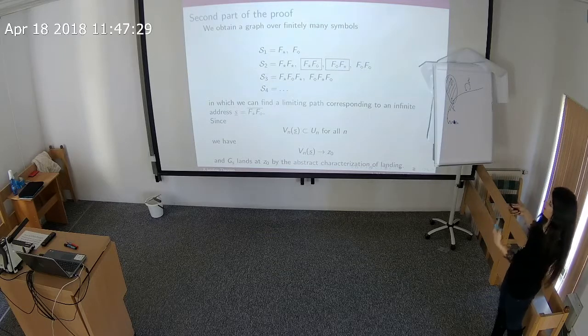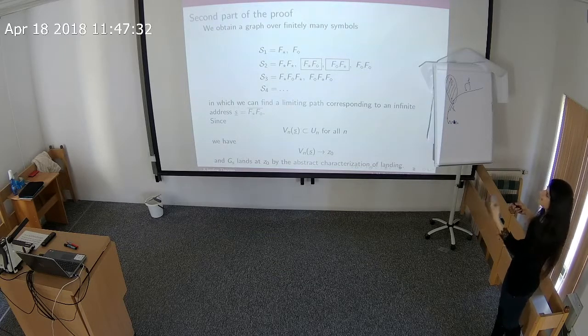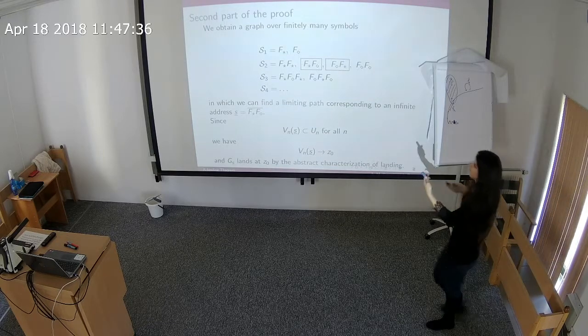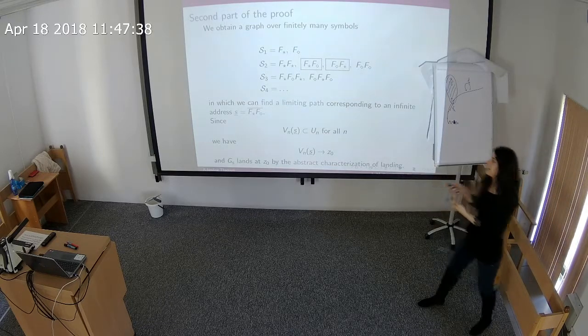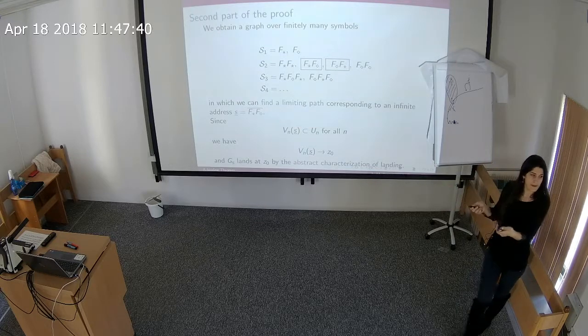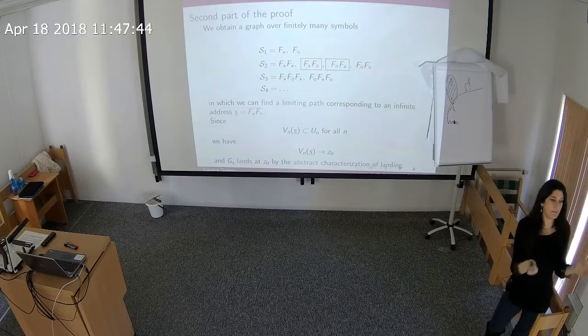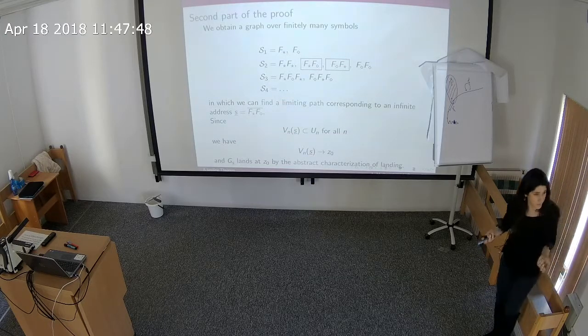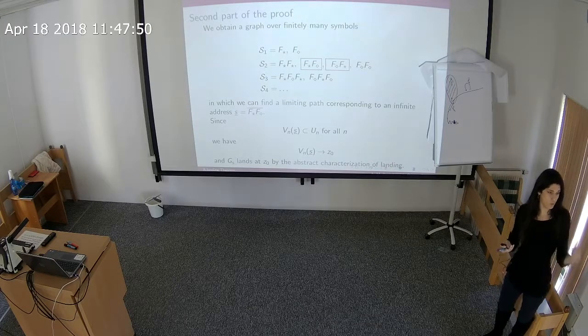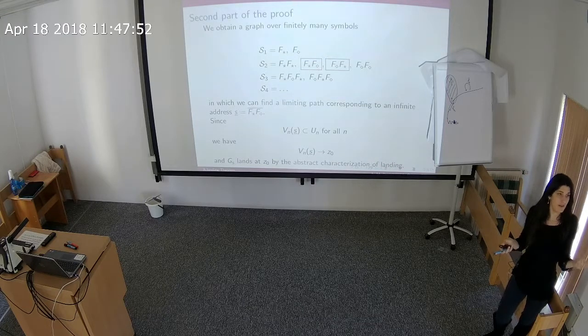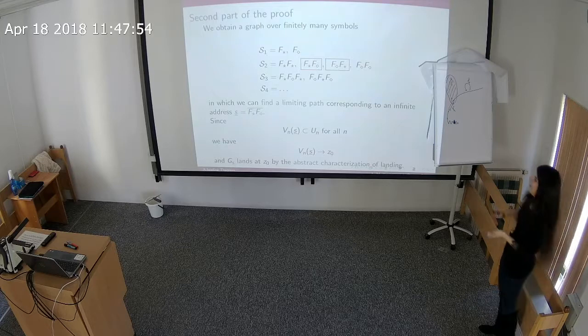And of course, you need to make sure that you don't keep adding new symbols, otherwise this process is not converging. Imagine that instead of having f, you have numbers. If the first time your symbols are 0, 1, and 2, and the second step you have 0, 1, 2, and 3, and so on, and they keep increasing the number of symbols involved, then you're not able to find a convergent sequence and an infinite symbolic path.